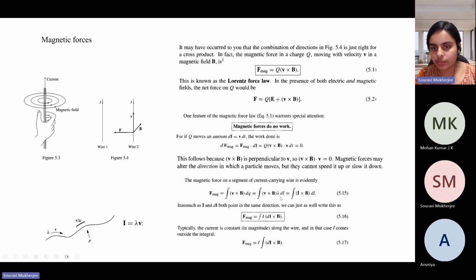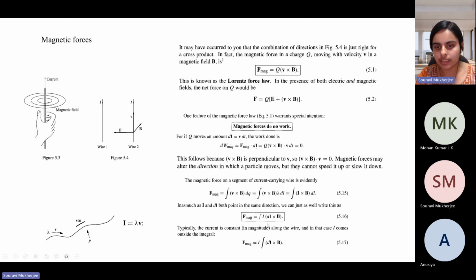Here lambda into V is actually the current flowing through that wire. So this gives you the expression for the magnetic force that a segment of current carrying wire feels when kept in the presence of some field B, right?